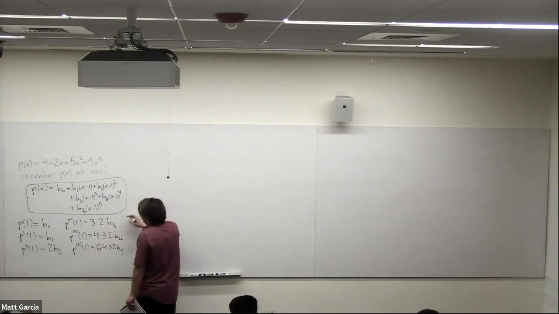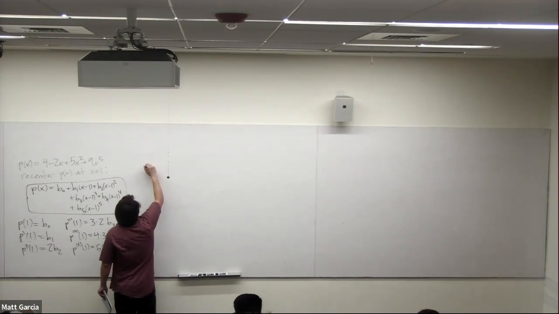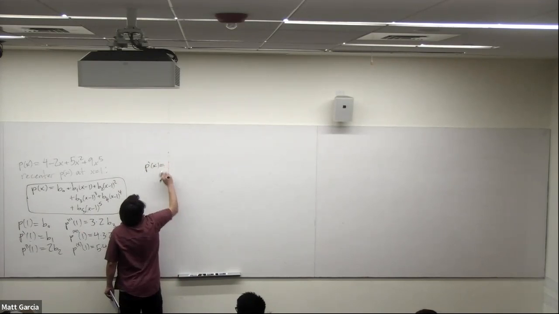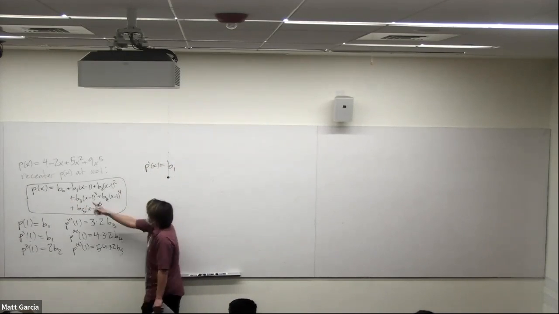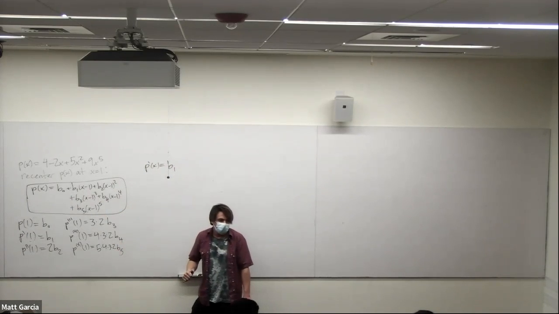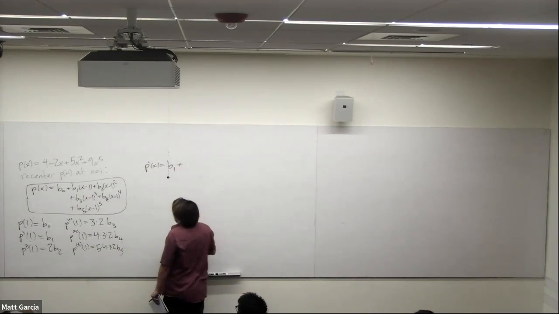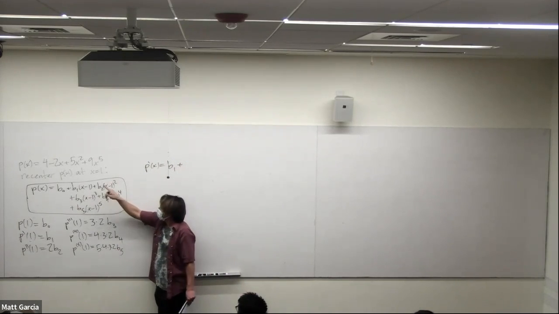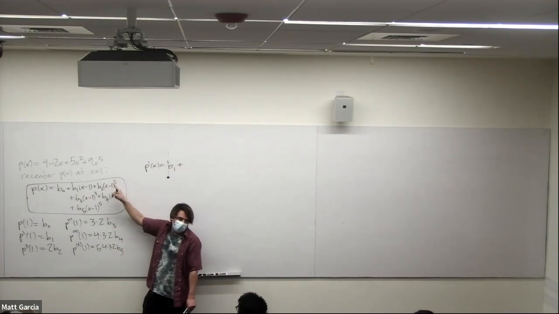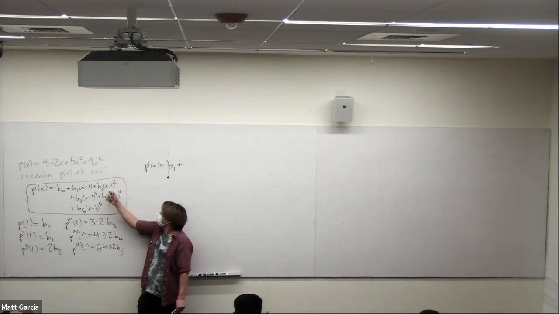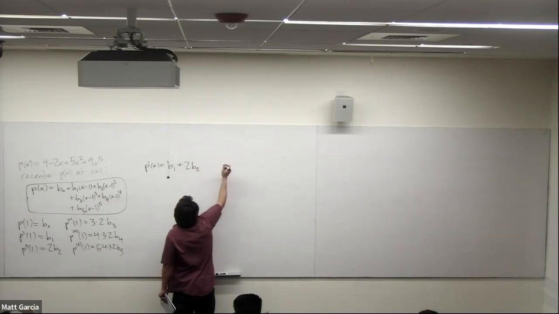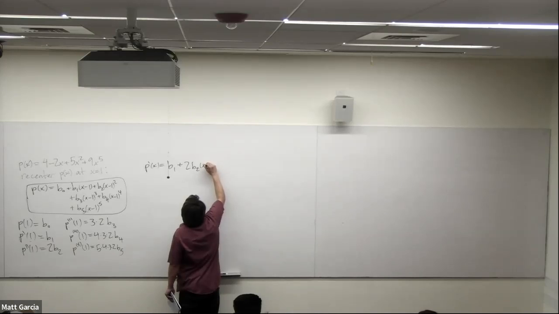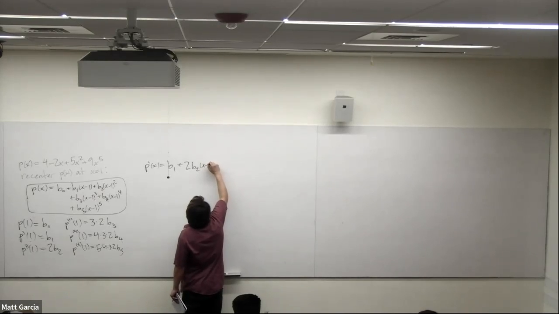So let's take the derivative of this expression. p prime of x is equal to p naught goes to 0, since that's a constant, plus b1 times the derivative of x minus 1, which is just 1. Plus the derivative of this term: we have b2, use the power rule here, times 2, with the chain rule times 1, so 2 b2 times x minus 1.